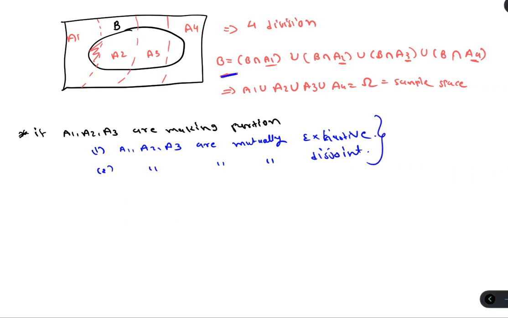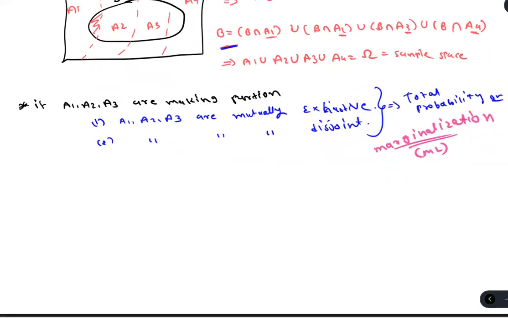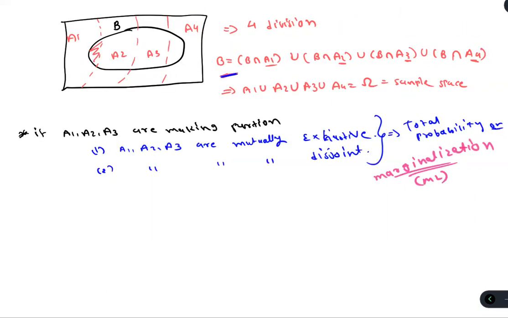So this is the rule, and this is called total probability, or in terms of machine learning you can call it marginalization. Remember, this is for ML students, because all computer science students are ML students themselves.